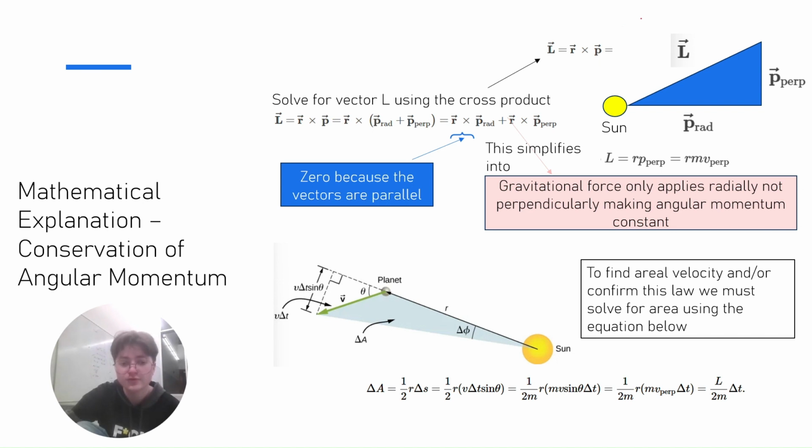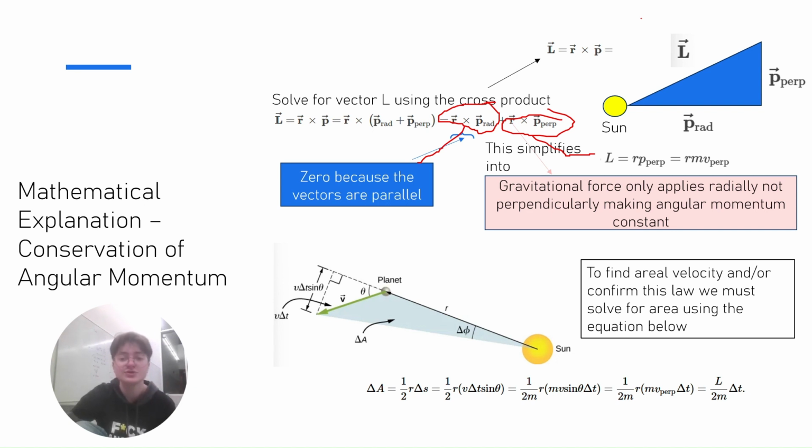From that we can solve using the cross product rule, where we know that this here is going to be equal to 0 because the vectors are parallel to one another, while this we can rewrite over here because it simplifies since gravitational force only applies radially and not perpendicularly, and that makes the angular momentum constant.